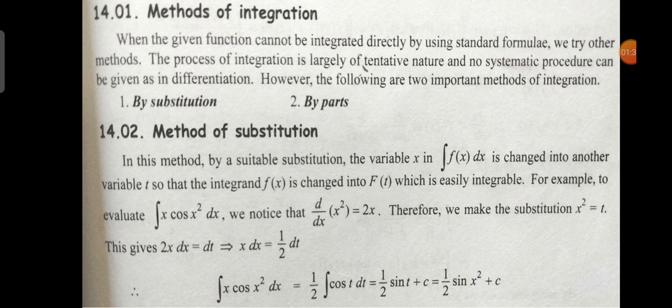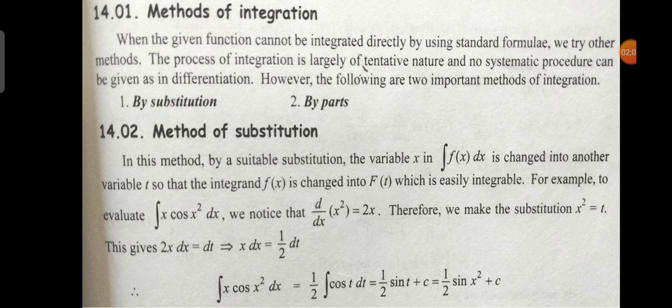Then to make it easy, you use the substitution method. You convert the given function into a function of another independent variable t, that is, f of x to f of t, which is easily integrable. To make integration easy, we take this step.